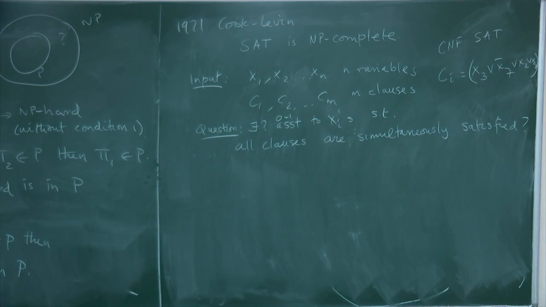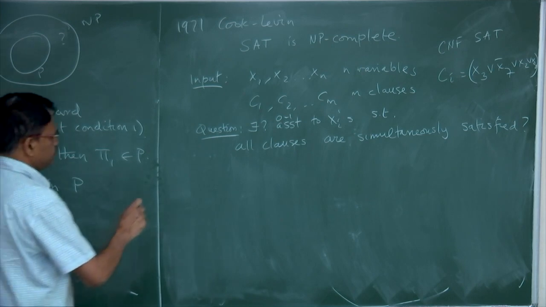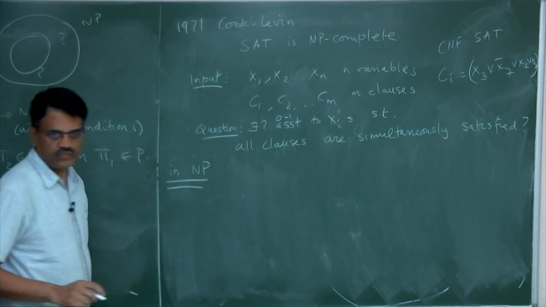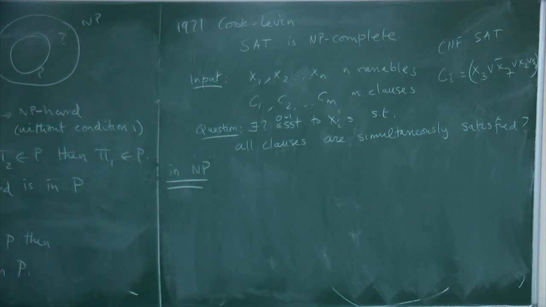So, is it easy to see that it is in NP? Let us recall the definition of NP. You need a polynomial length certificate using which a verifier can verify the answer in polynomial time. So, what would be a certificate?